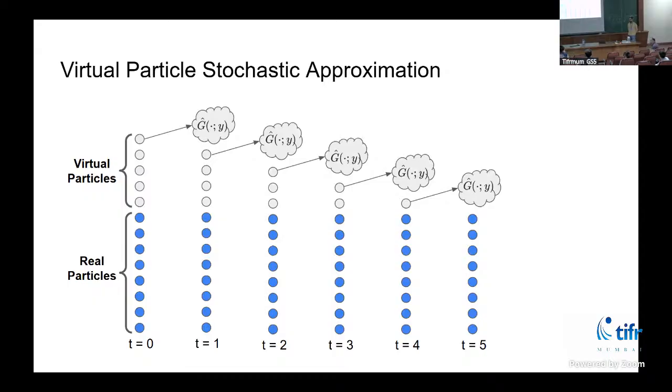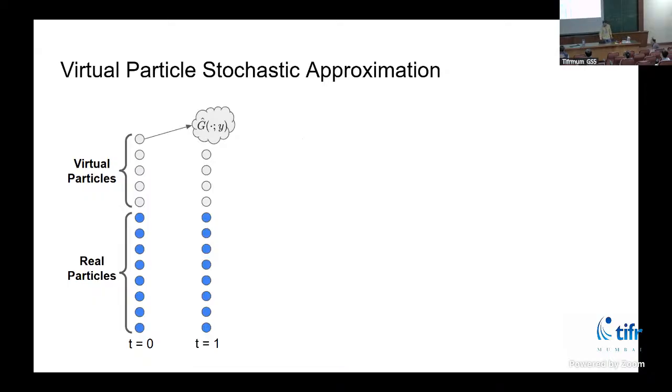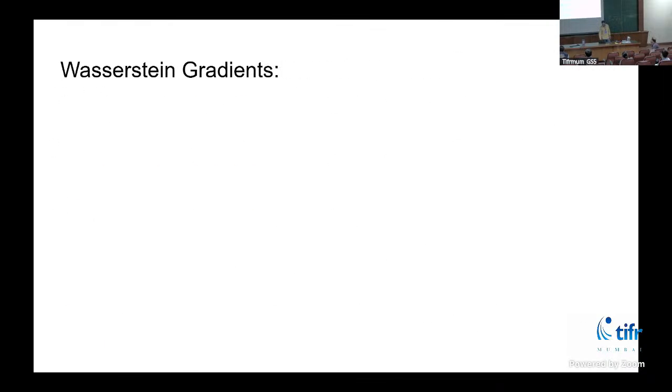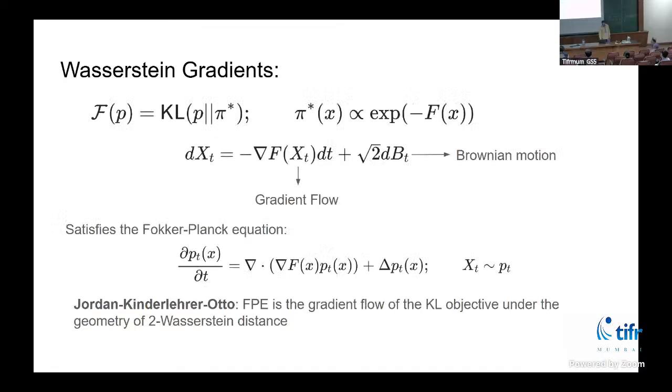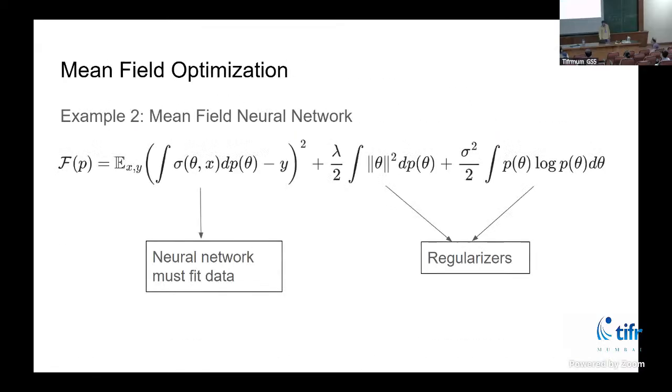So for the neural network case, first of all, I see this as a method to sample from the optimal of the mean field, yes. Right. So for the neural network, what exactly are we sampling? It's the weights of the neural network. It's an example, but yes, it can solve this mean field.